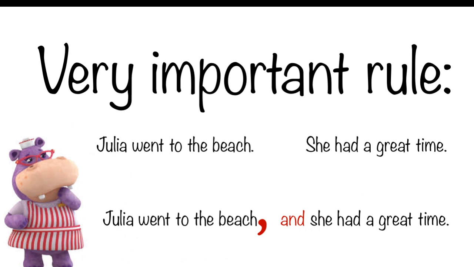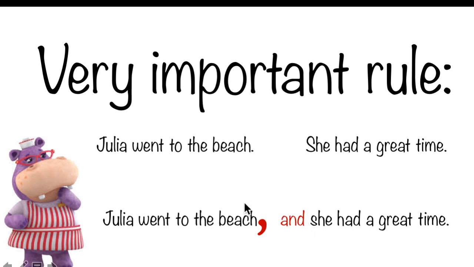And, very important rule: if you join the two simple sentences with any conjunction word, you need to put the comma in front of the conjunction word. You can never put the comma after the conjunction word.